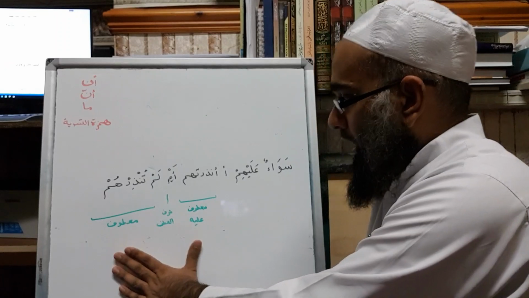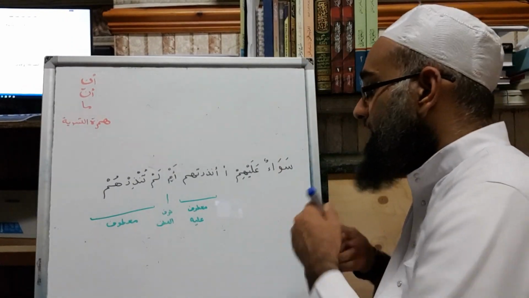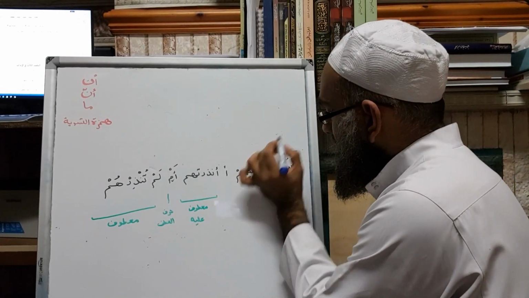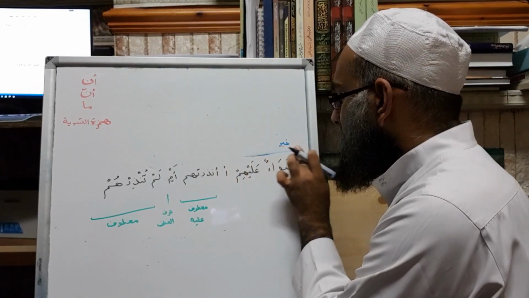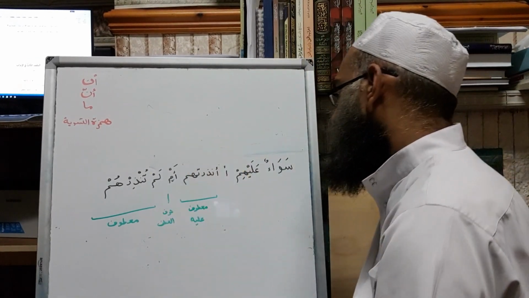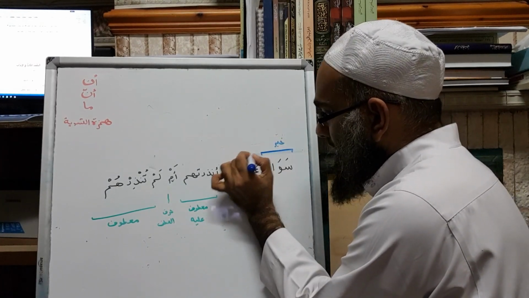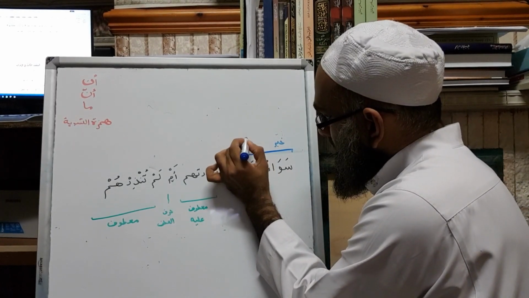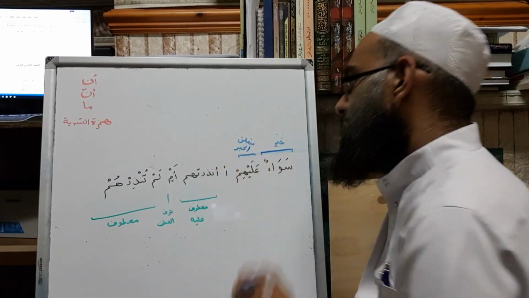Correct? But sawa'un in the grammar, this is the khabar. The sawa'un is khabar, and alayhim is muta'alliqul khabari.